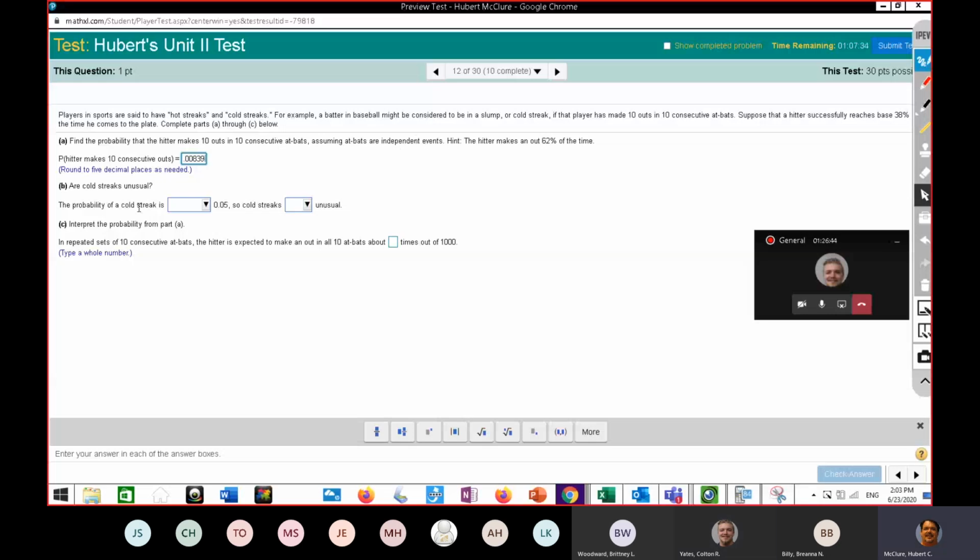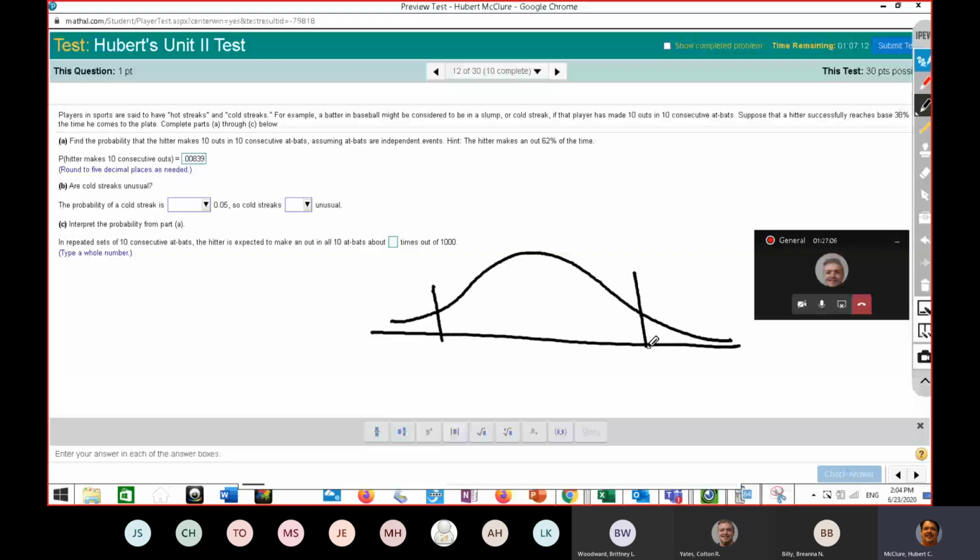Okay. The probability of a cold streak, well, that is below 5 cents. And remember what I told you? All throughout probability, they're going to ask you questions about is something unusual or not. This is normal, and this is 95%, right? By the empirical rule.